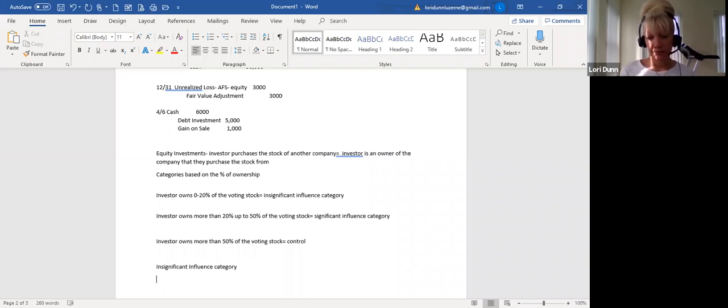So let's do an example. Let's say today, 1/1/20, Company A purchases 1,000 shares of IBM for $50 per share, cash. And this represents 1% ownership.